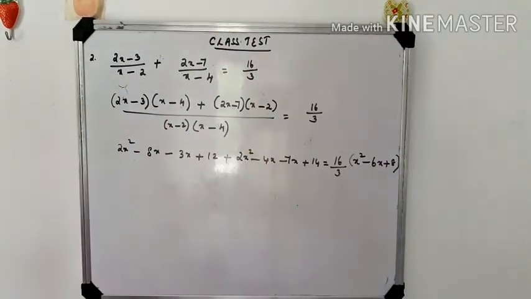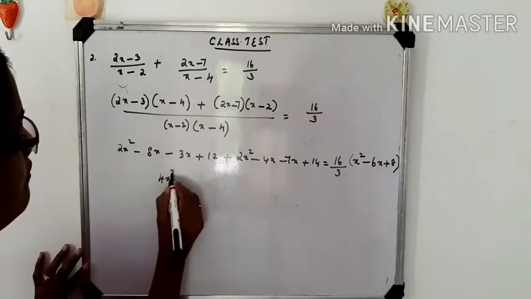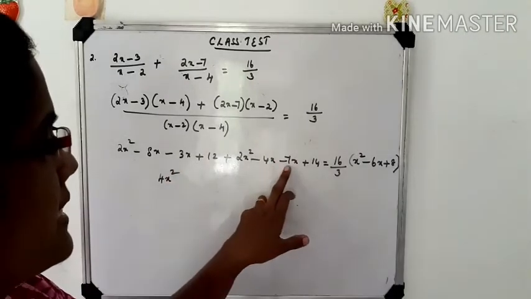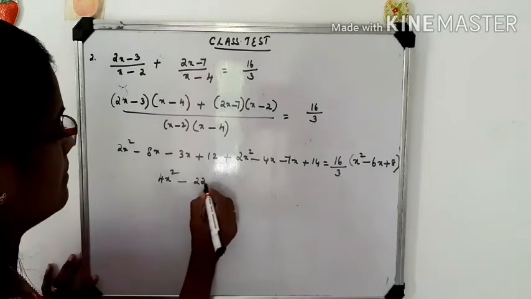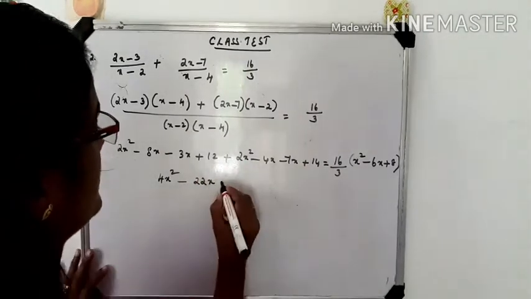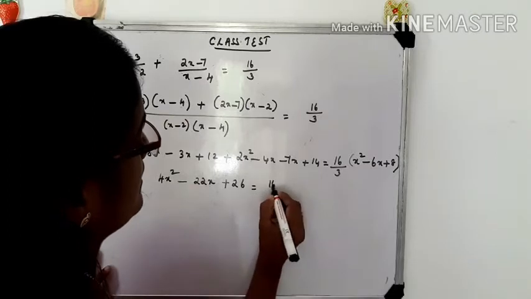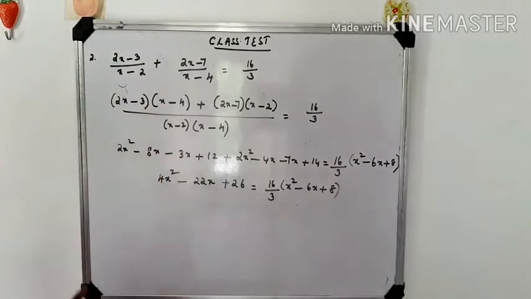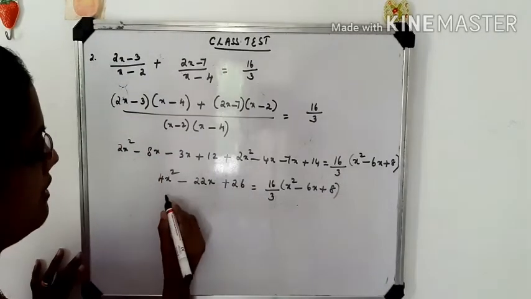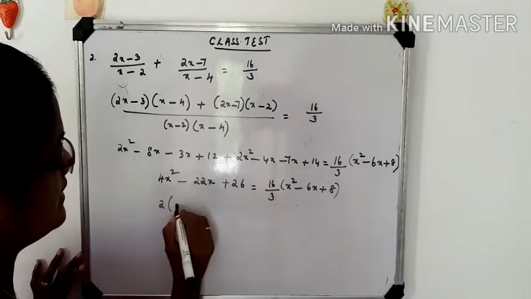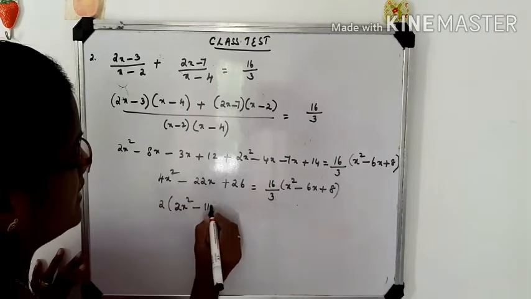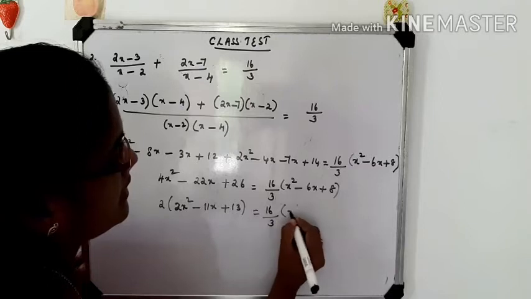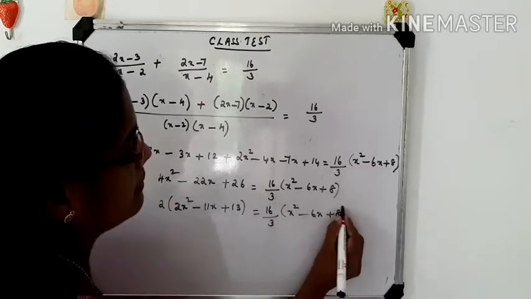This going to the right side. 2x² + 2x² is 4x², −8x − 3x − 4x − 7x is −22x, 12 + 14 is +26, equal to 16/3 into (x² − 6x + 8). Now you can take 2 common from the left side and that 2 can be cancelled with the 16: 2(2x² − 11x + 13) = 16/3 (x² − 6x + 8).